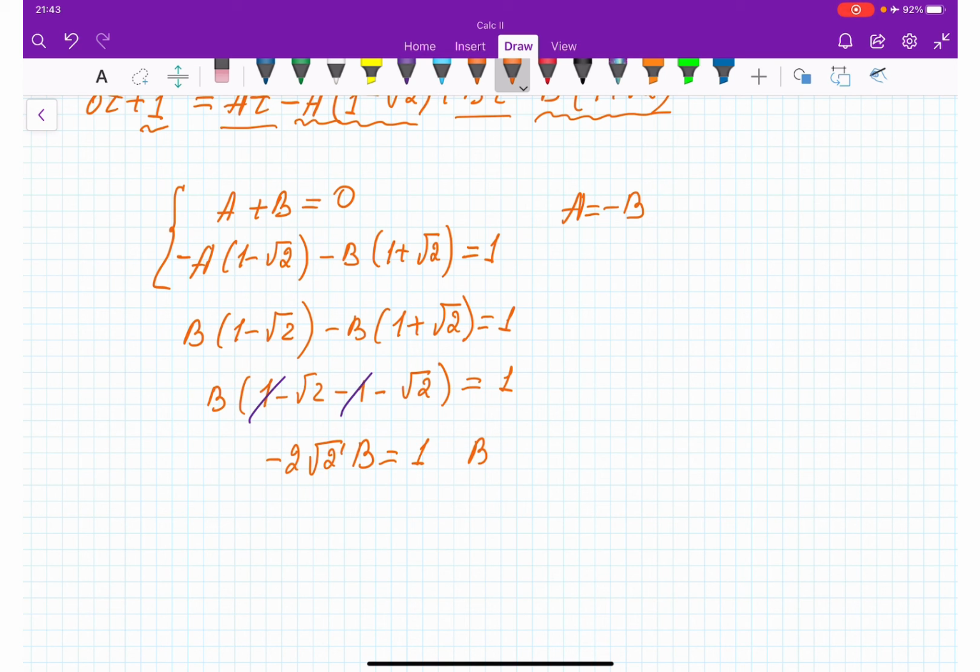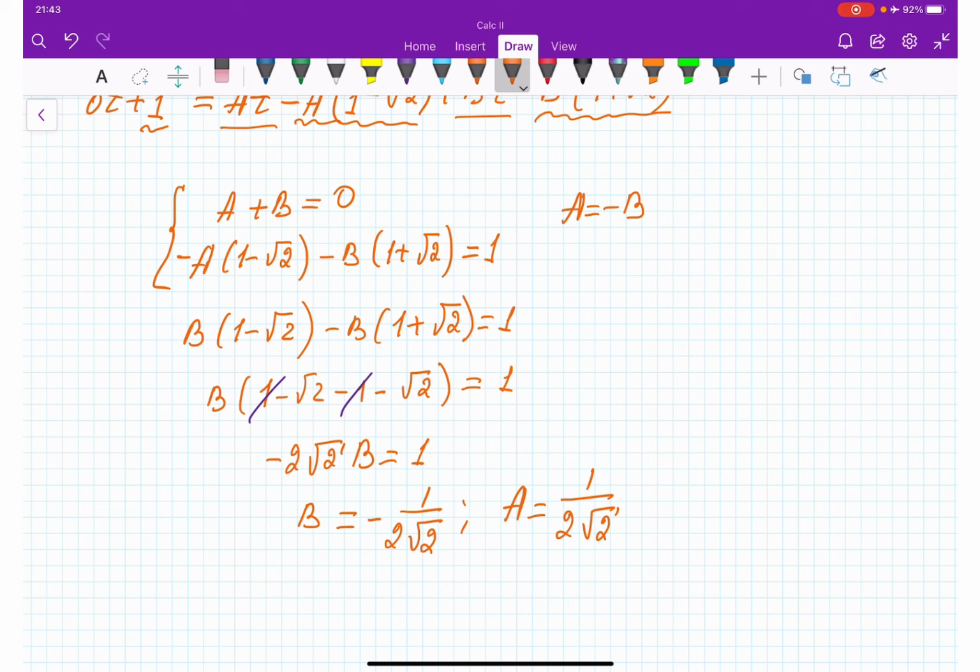And b is equal, right here, b is equal negative 1 over 2 square root of 2. All right, so from here, what do we have? Accordingly, a is equal negative b, which is going to be positive 1 over 2 square root of 2.